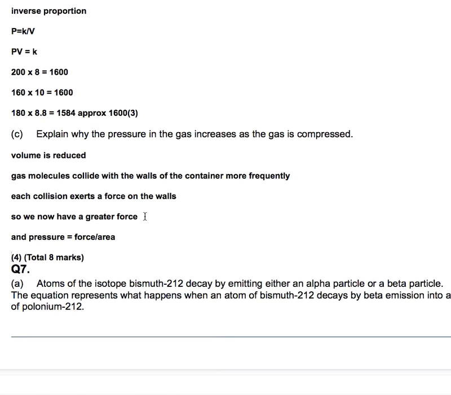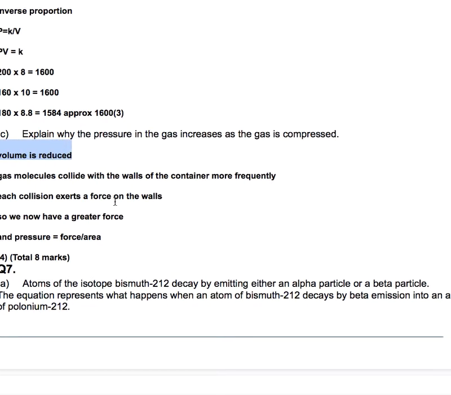Now, once we have done momentum, you'll be able to give a better explanation here, because really the force is down to the rate of change of momentum. When we come back to that, you'll have a better, complete answer to this question. But right now, that's where we're at. So, the volume is reduced, 1 mark.